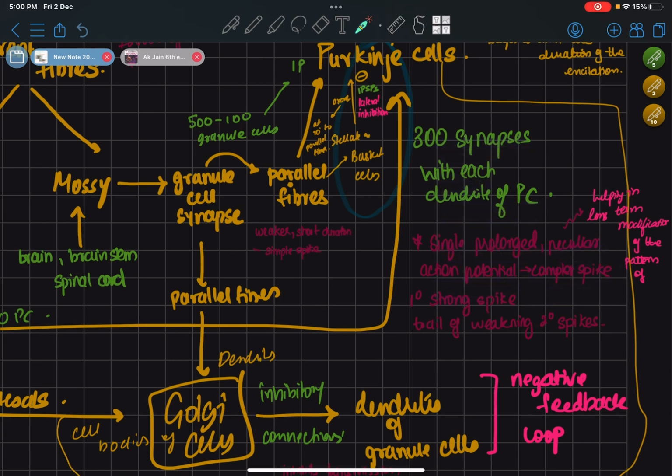The duration of it is long, it's a very strong spike. There is a primary strong spike, and then eventually the spikes get weaker. That's why the primary strong spike is followed by a trail of weakening secondary spikes. So that is how the action potential of the climbing fibers reaches the Purkinje cells.